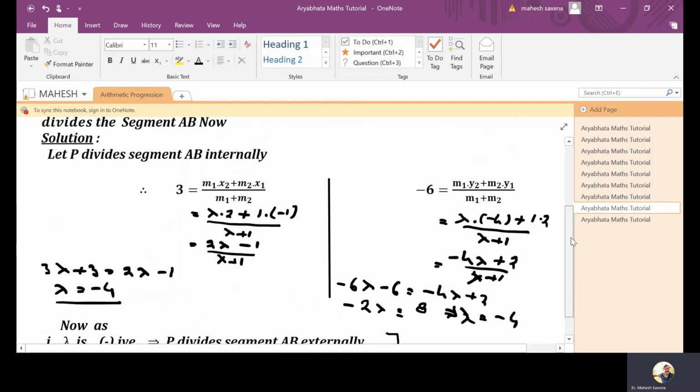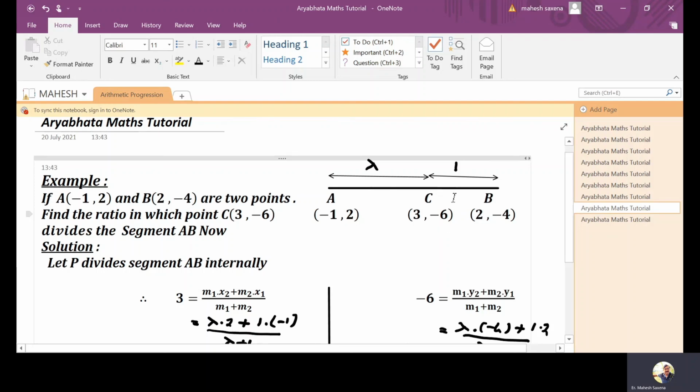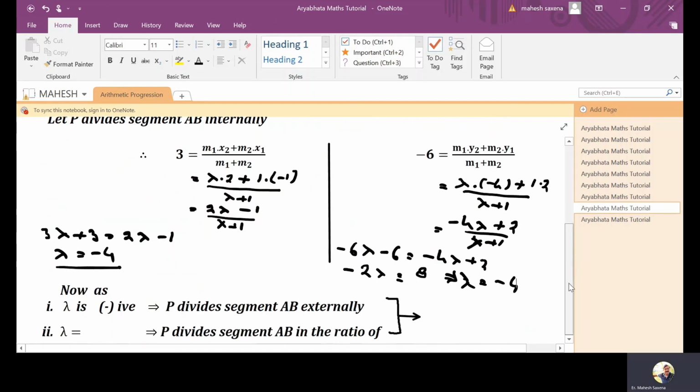Therefore, it is clear that point C (3, -6) lies on the line AB. Now, since lambda is coming negative, it means C divides the segment AB externally.